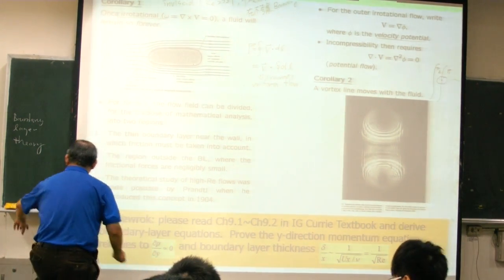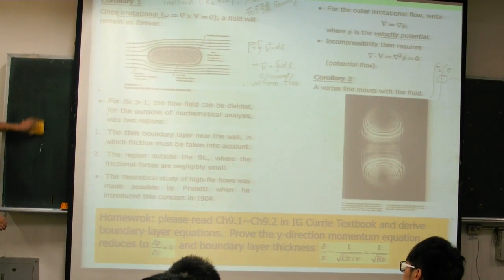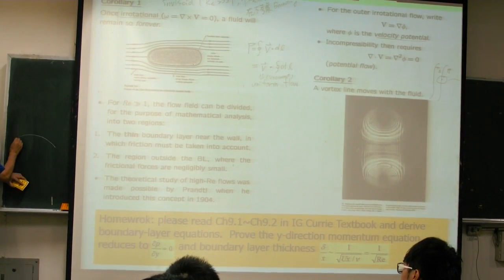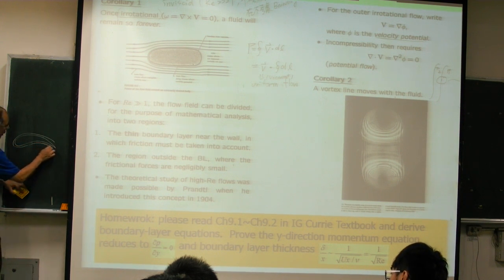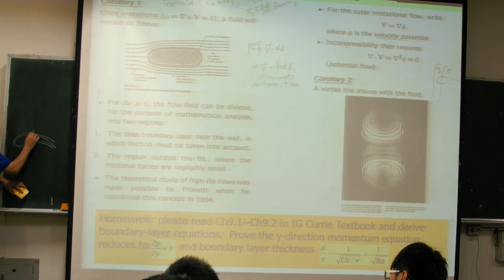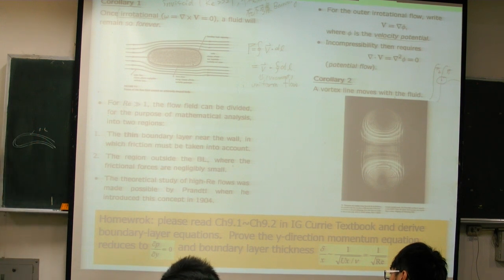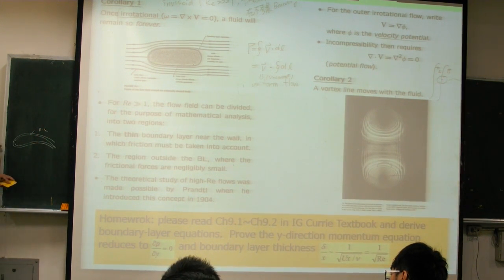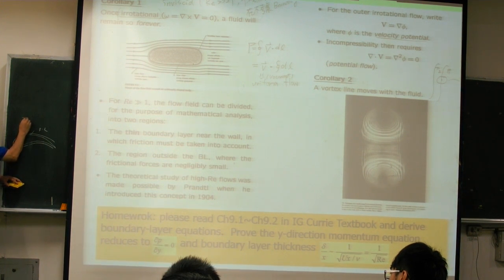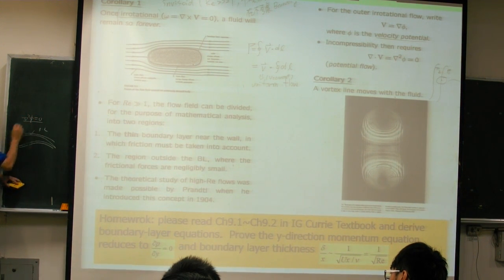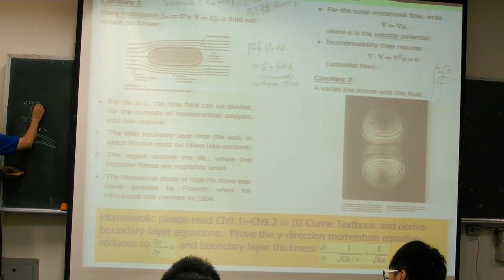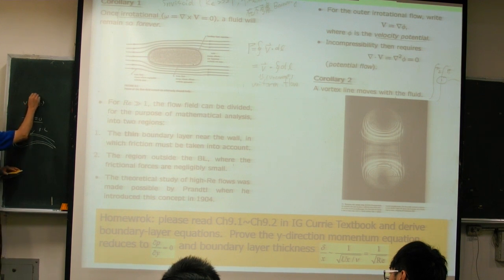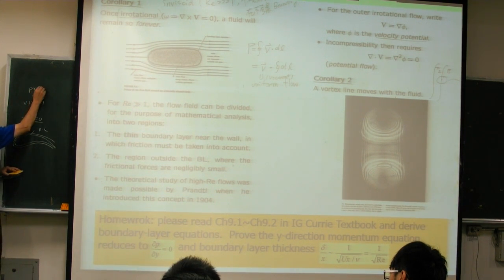If you have an object, here I have, there is a region here, and this region is the boundary layer region. The outer region is the outside, where we have a potential flow region. We can solve this equation and get the velocity field, and from the velocity field you can get the pressure field.